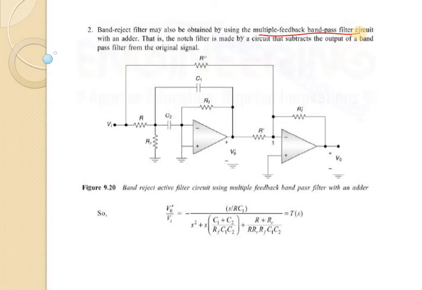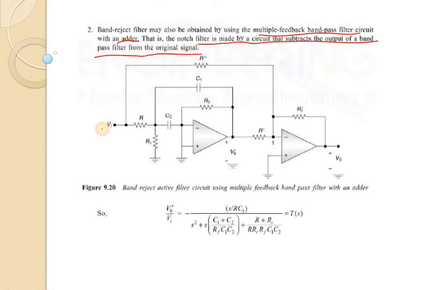And secondly, we can obtain it by a multiple feedback band pass filter circuit with an adder. That is, the notch filter is made by a circuit that subtracts the output of a band pass filter from the original signal.